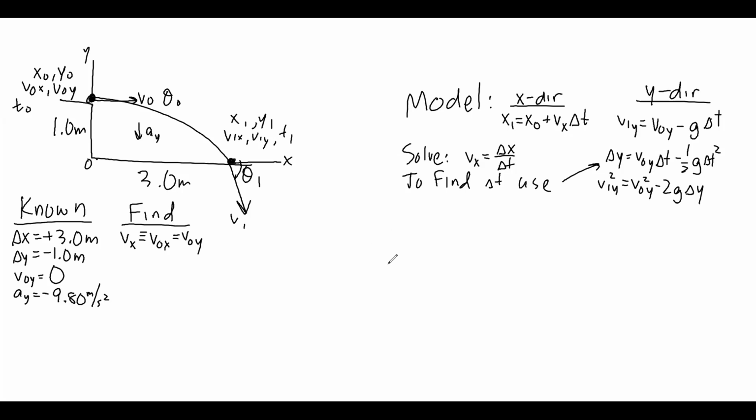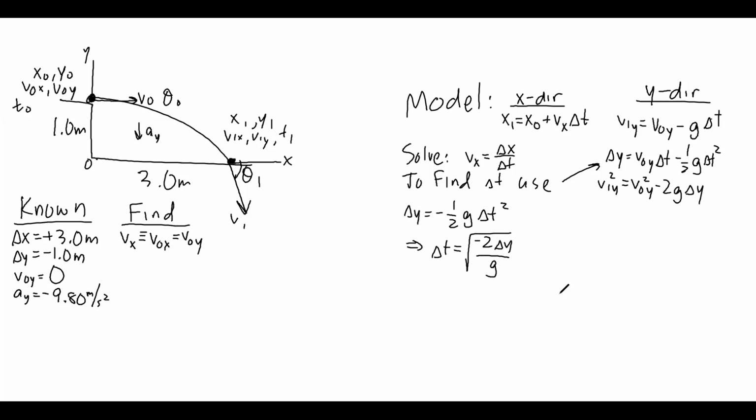And fortunately that first term cancels, so we get delta y equals 0, so minus 1/2 g delta t squared. Keep that negative sign, and so solve for t. Get delta t equals square root of minus 2 delta y over g.